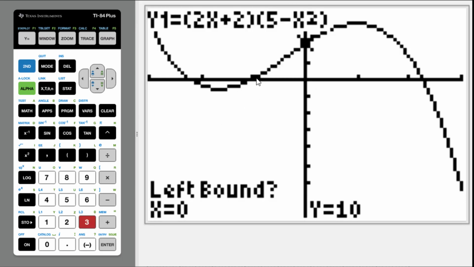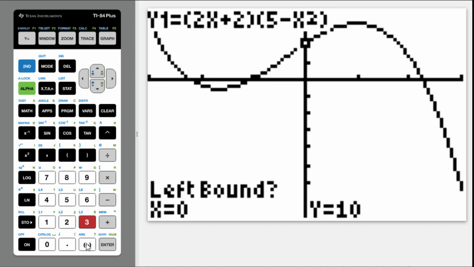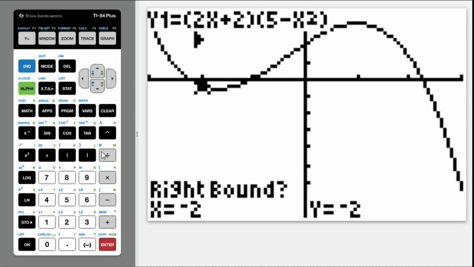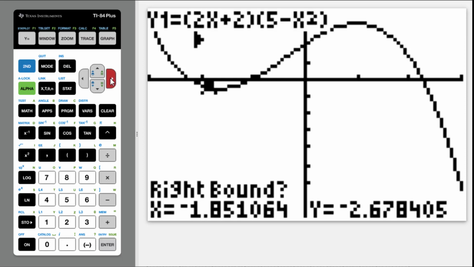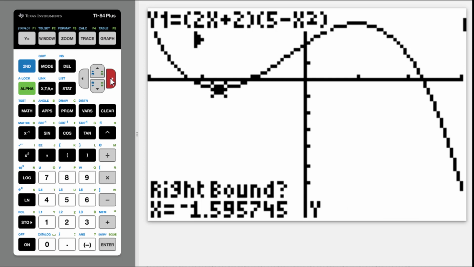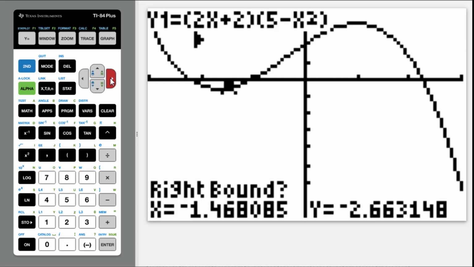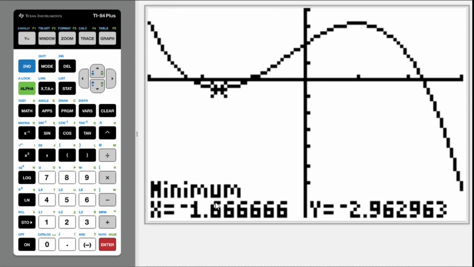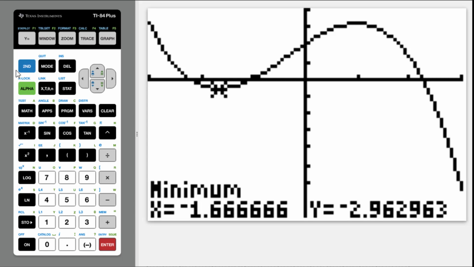This is -1, -2, so let me put -2 as the left bound. Move the arrow to the right side of the minimum point. Then enter, enter. The minimum point is (-1.67, -2.96).